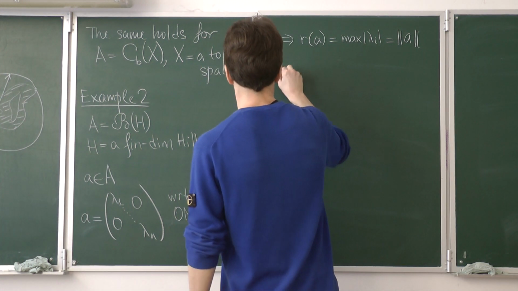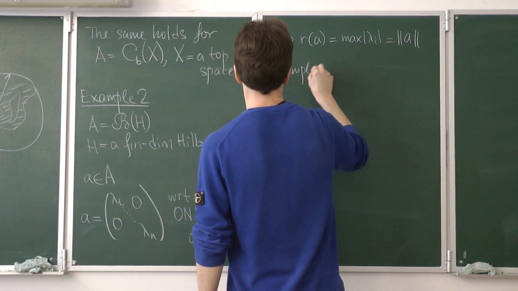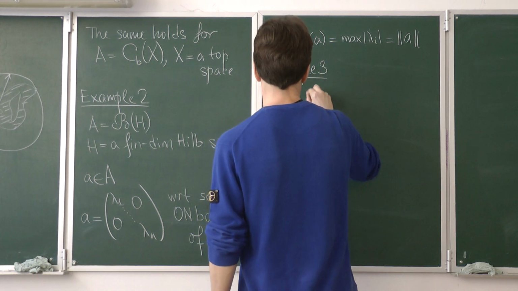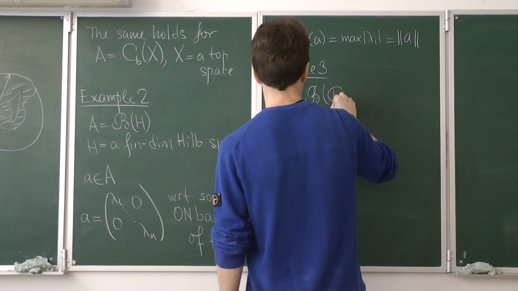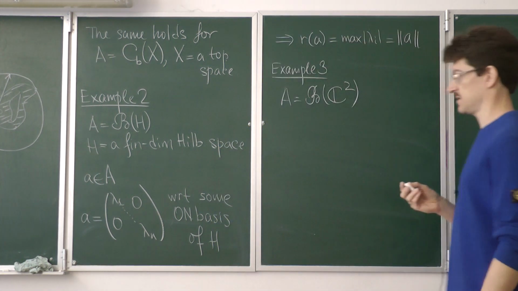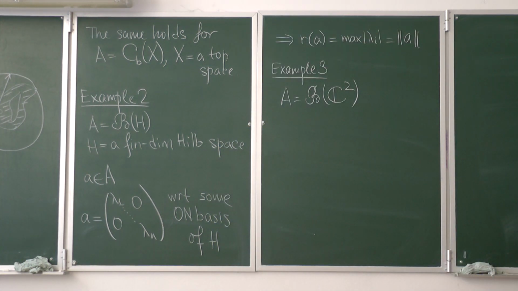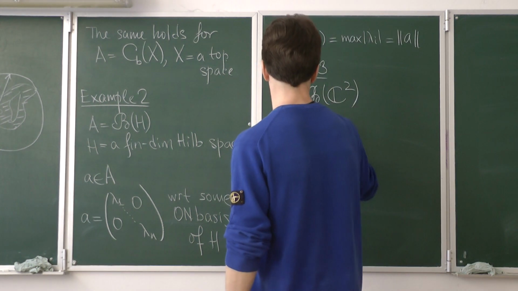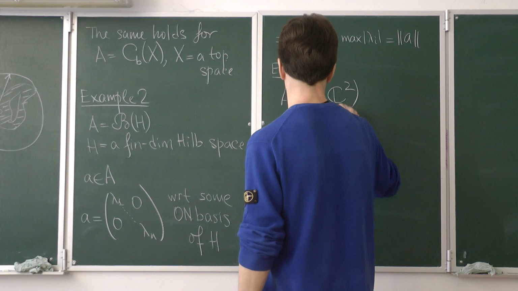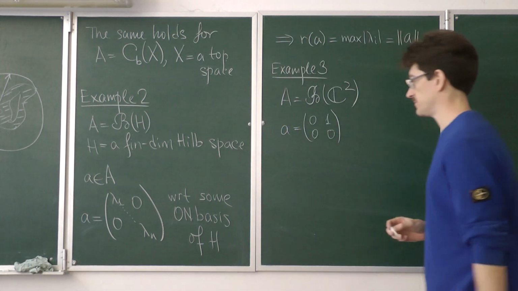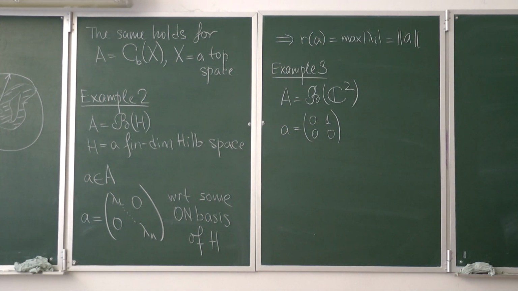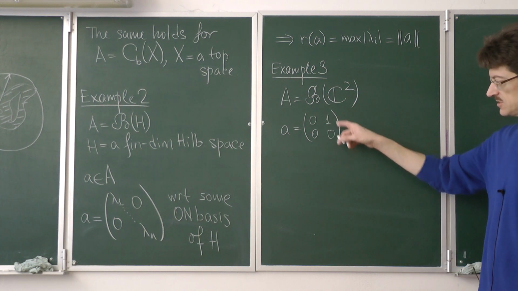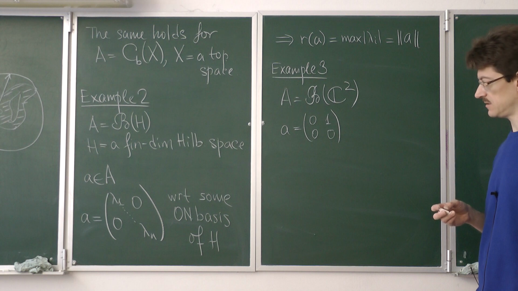And here's a counterexample. Let A be the algebra of operators on the two-dimensional space. That is essentially the algebra of 2x2 matrices. And let little a have the following form. Well, the spectrum of an upper triangular matrix, again, consists of numbers on the diagonal.